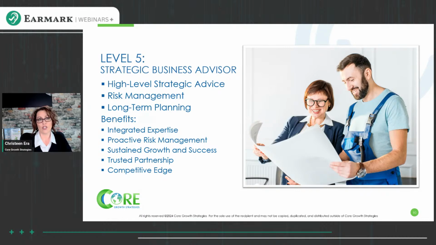Some of the potential pitfalls include an insufficient understanding of the client's business environment, which is why niching down is really great, because you'll understand the ins and outs of, let's say, a professional service business, a lawn care business, or a general contractor.